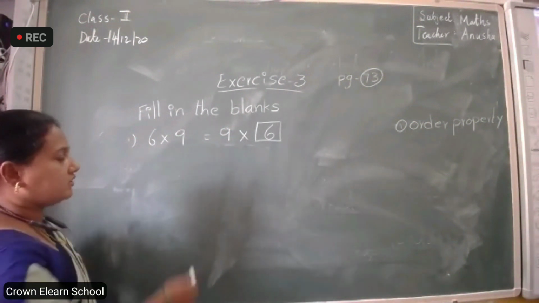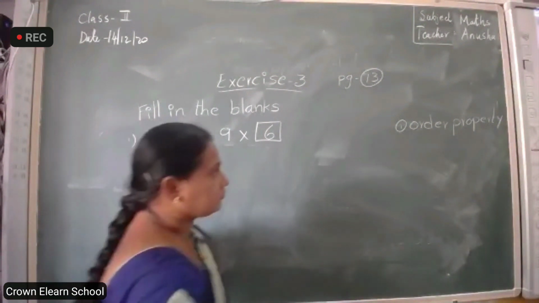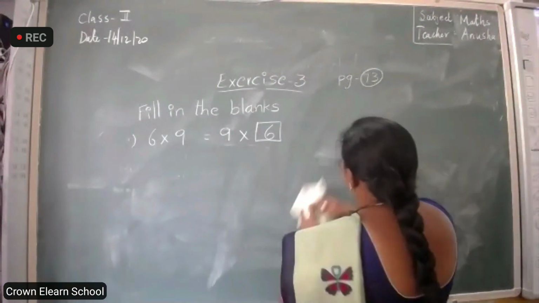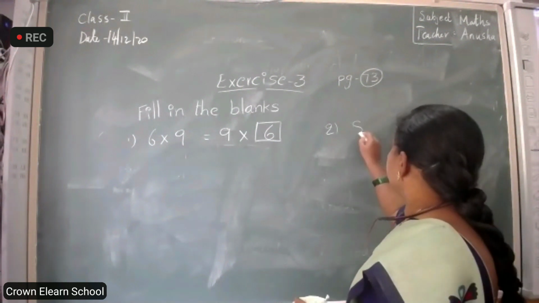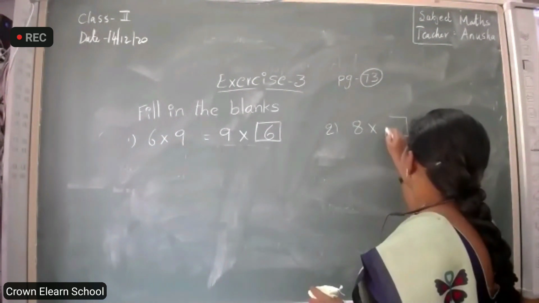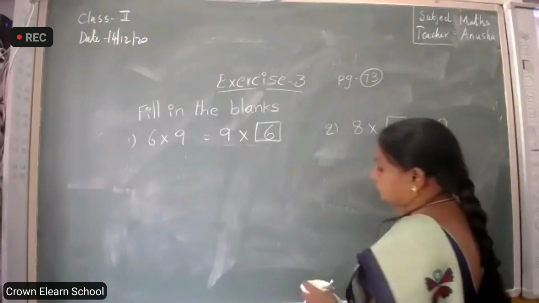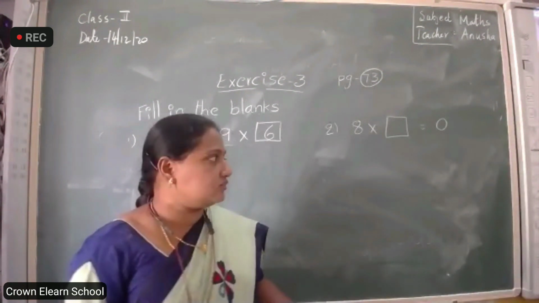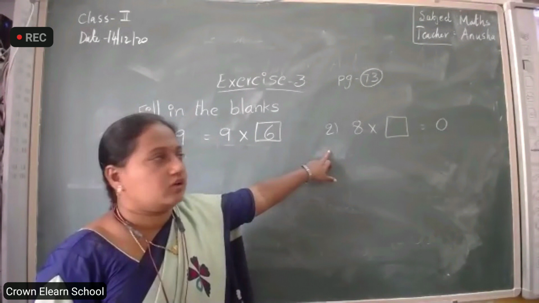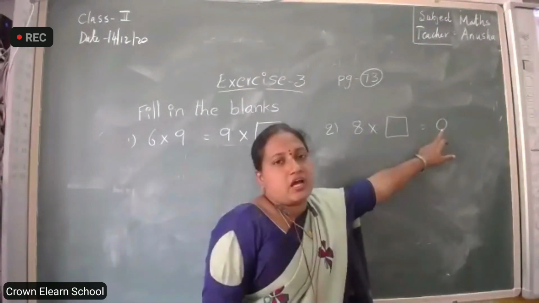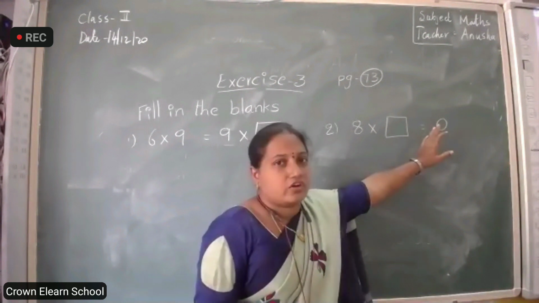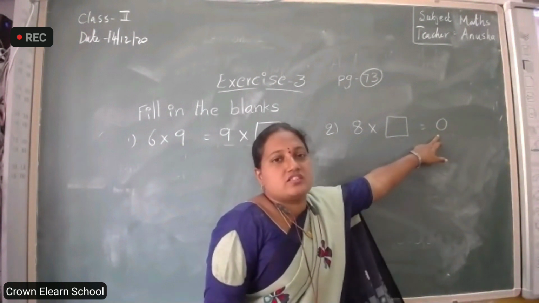Now second one. Just observe here. In the answer, means product, what is there? 0.